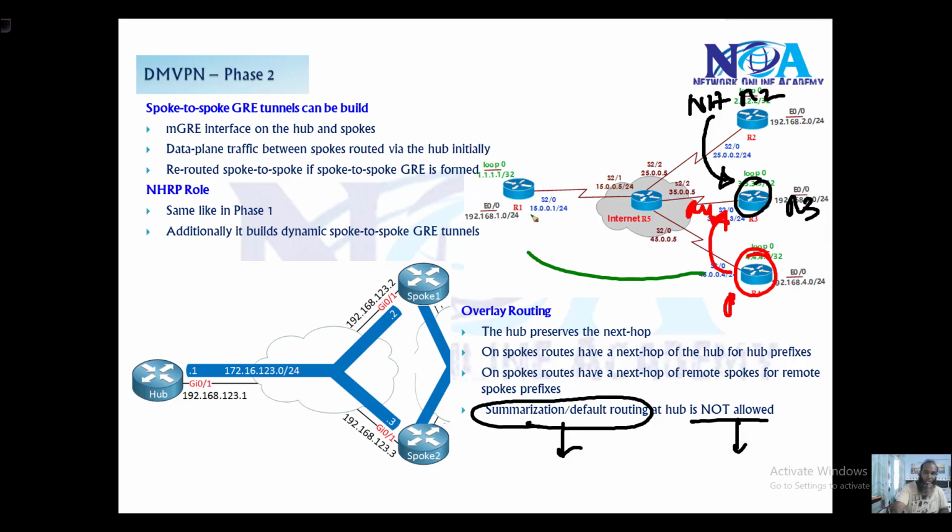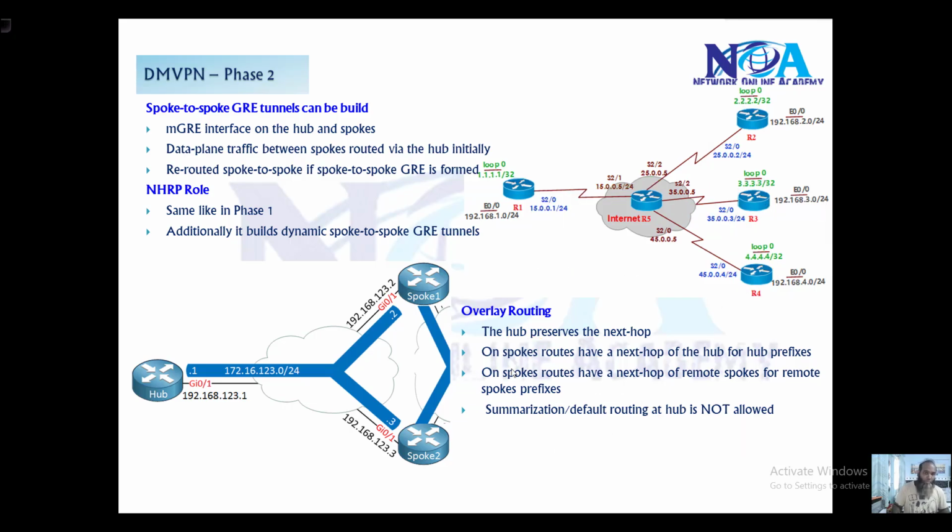So basically the routes are not coming from one point, unlike, if you remember, in phase 1, where all the route exchange is only via the hub, because there is no tunnel establishment between spoke to spoke. So summarization or optimization of the routing tables with summarization or default routes is not possible in phase 2. That is one kind of limitation you will see in phase 2.